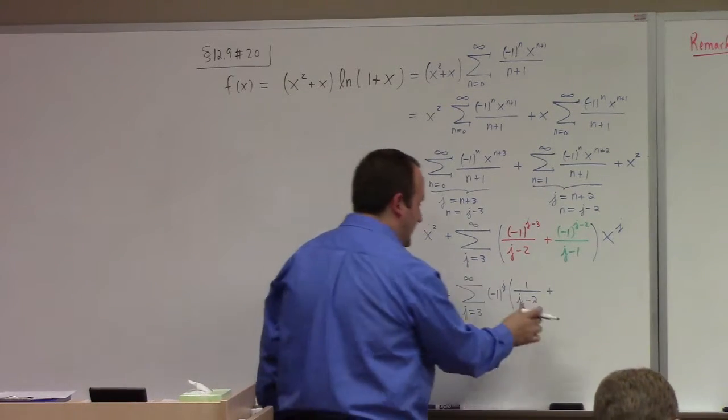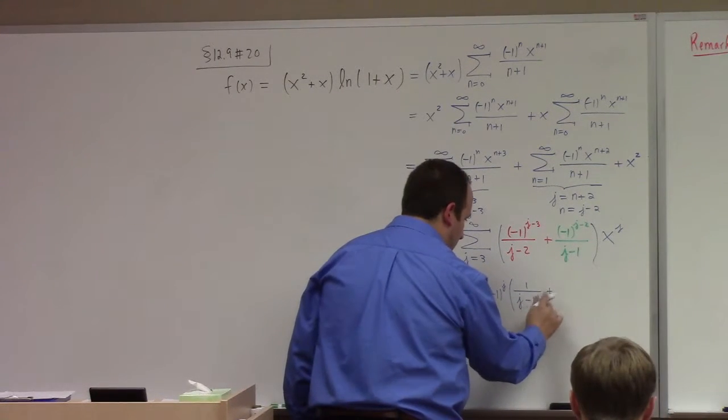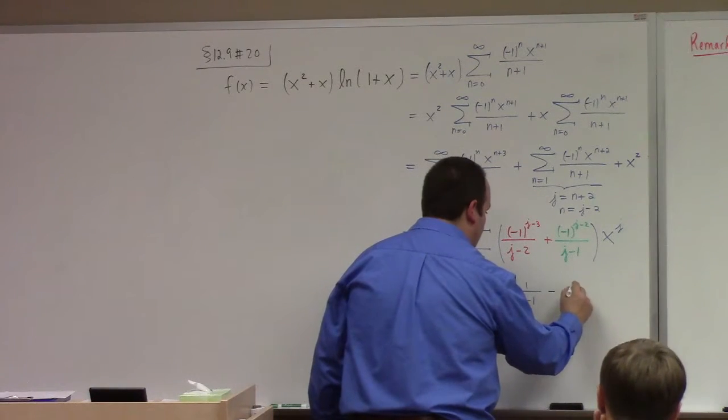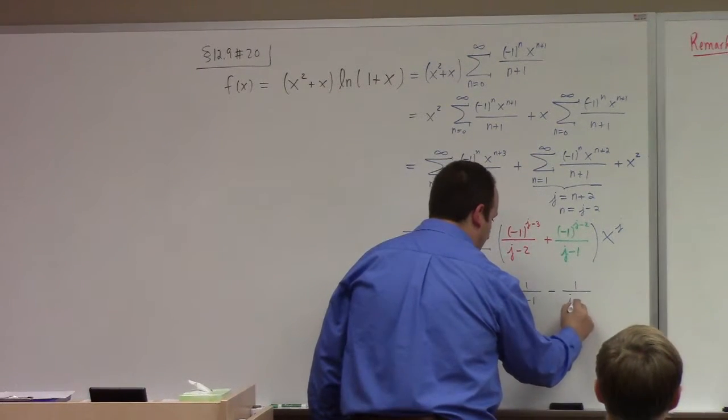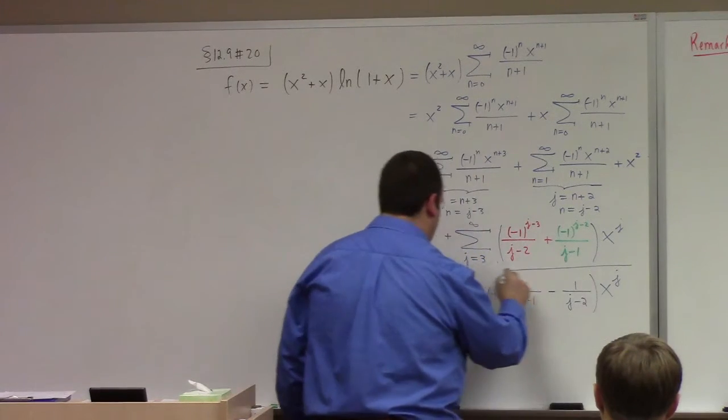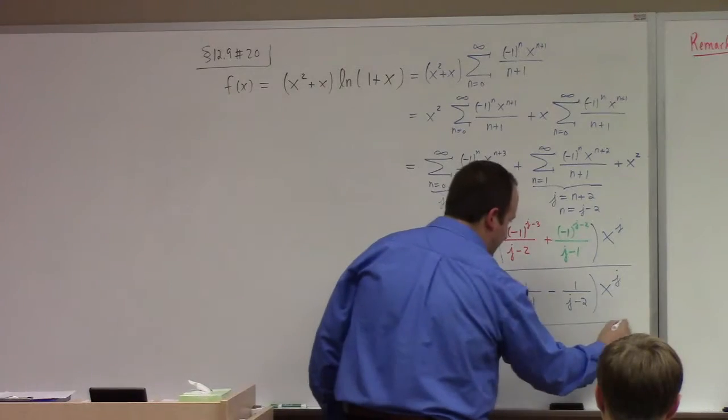Oh, I'm sorry, other way around. So this should be 1 over j minus 1. I'm going to write this one first, and then minus 1 over j minus 2, all times x to the power j. And that's how I would write the answer.